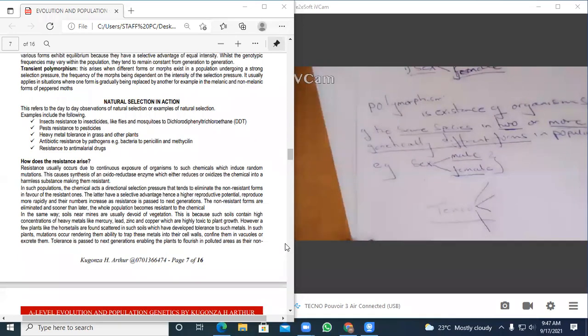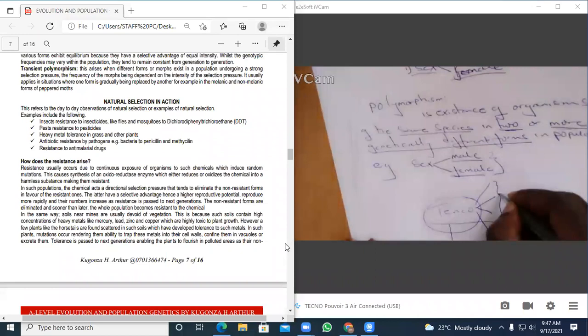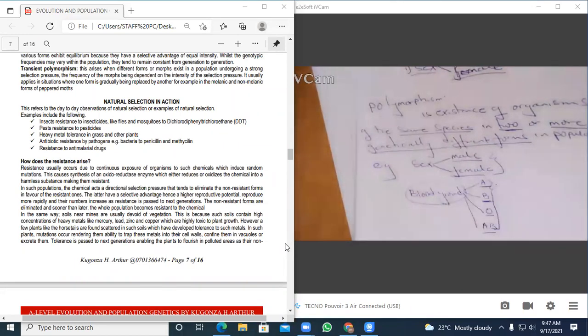It means Tecno is the species we are talking about, but we have different organisms under the same species, but of different forms. That is what we call polymorphism. But that one we cannot use because phones are not living organisms.